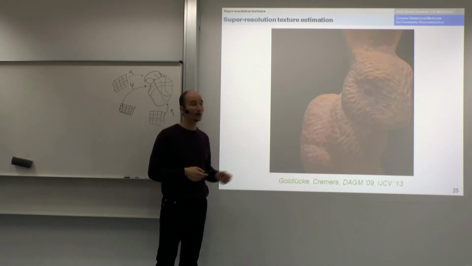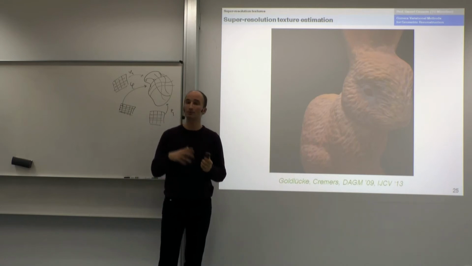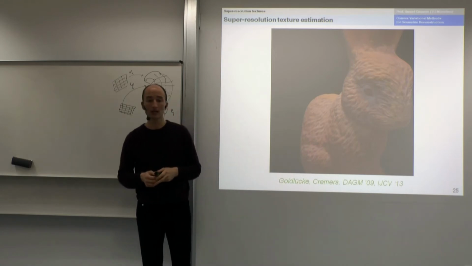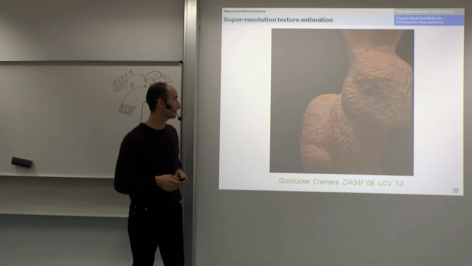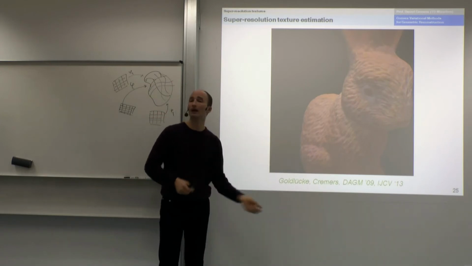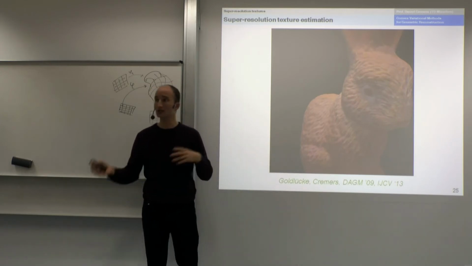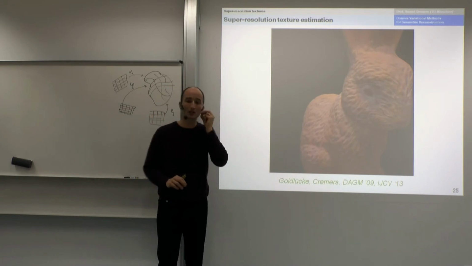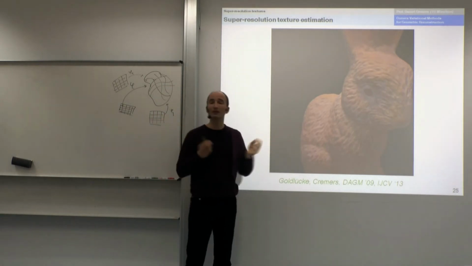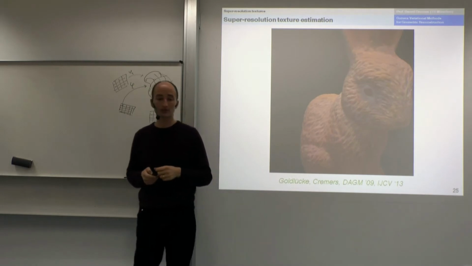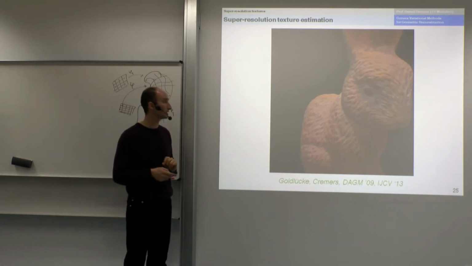So in that sense, you have a model of the object both in terms of the geometry and in terms of the color on the surface. And once you have that, you could exchange the texture, replace it with a different texture. You can change lighting, illumination, material properties. We'll see examples in just a second.